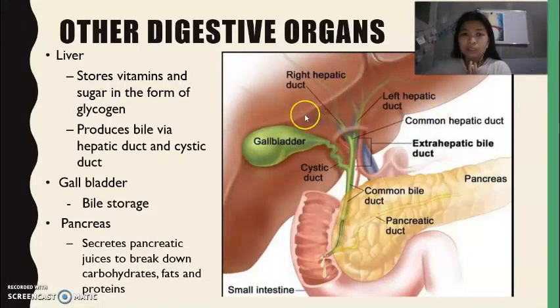Okay? Nandyan yung bile kapag hindi tayo kumakain. So, nakastore lang dyan. But then, when there is already food in the stomach, or meron ng kailangang i-digest, so, nag-squeeze yung gallbladder in order to produce the stored bile. Okay? And then, it goes to the common bile duct. Ito. And diretso na siya yung bile doon sa duodenum of the small intestine.